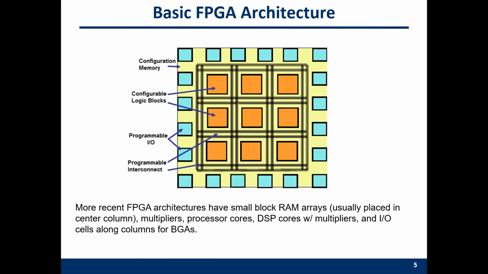Of course, the interconnections are also reconfigurable so that you can connect this part and this part, maybe this part. You can connect any two of them, three of them, or four of them.